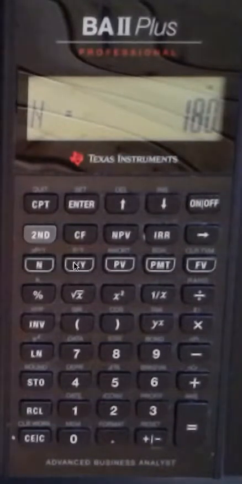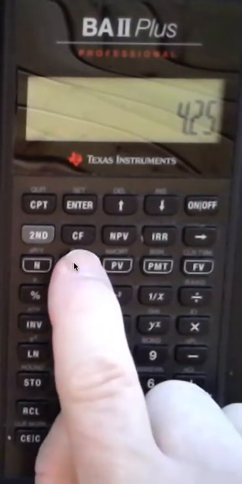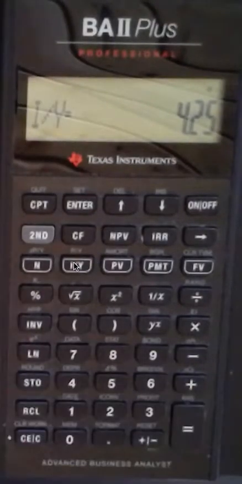From the standpoint of the interest rate that we're borrowing, the $250,000 is 4.25% interest per year. Now, do not take the 4.25 and divide it by 12. And the reason you don't have to do that is you've already changed the compounding period to 12.